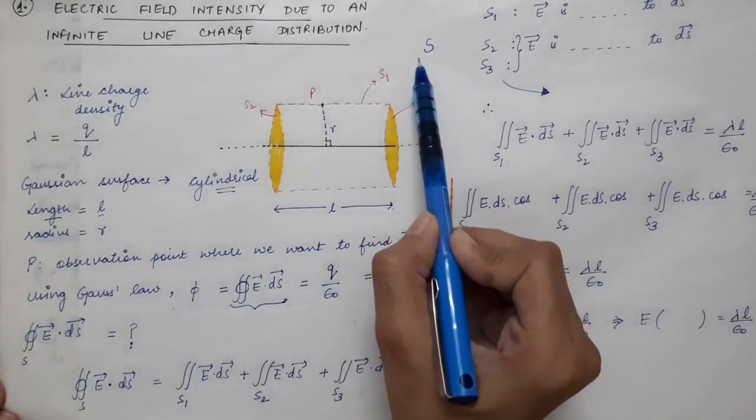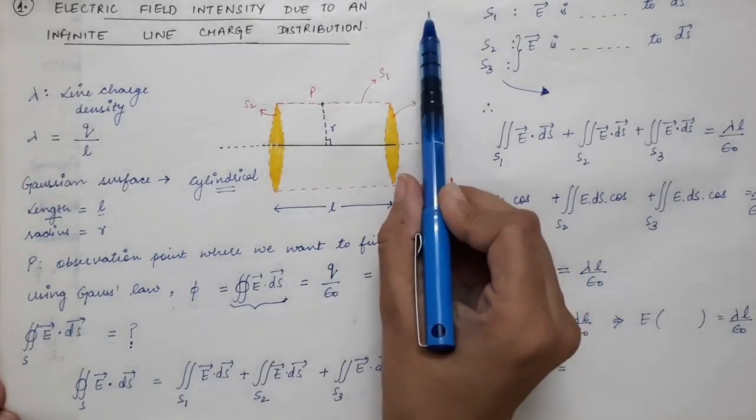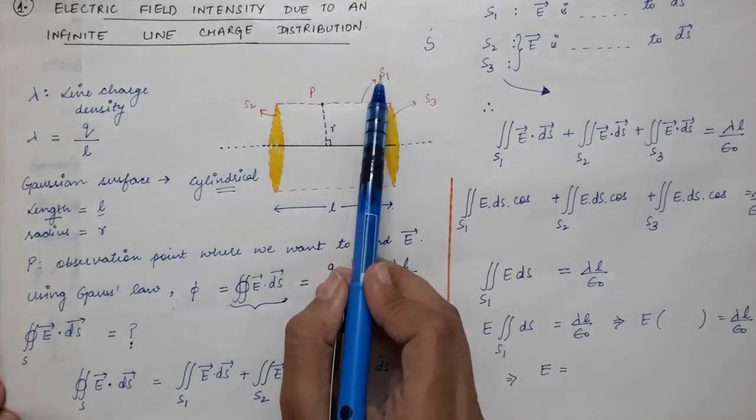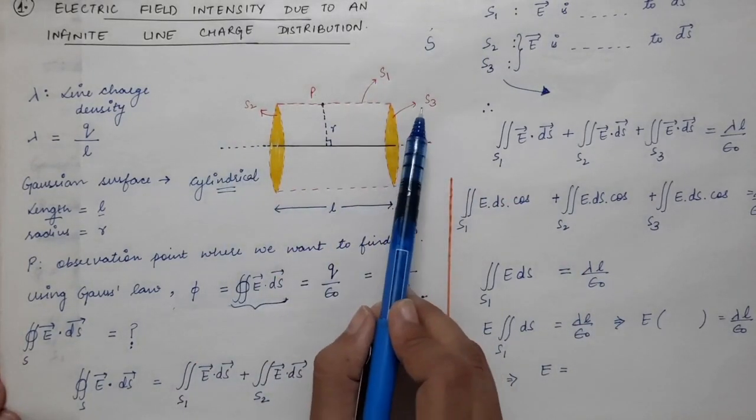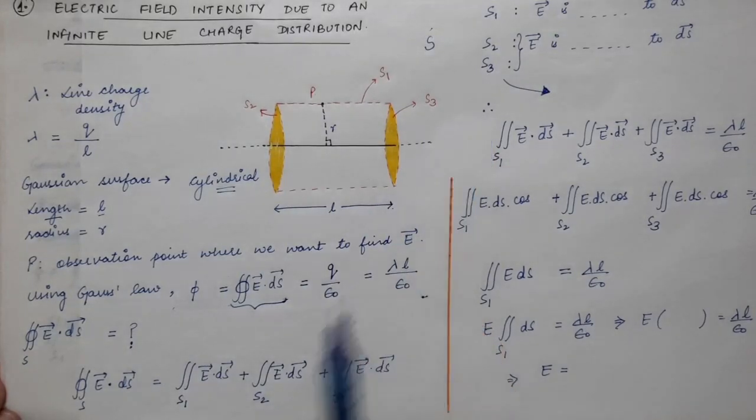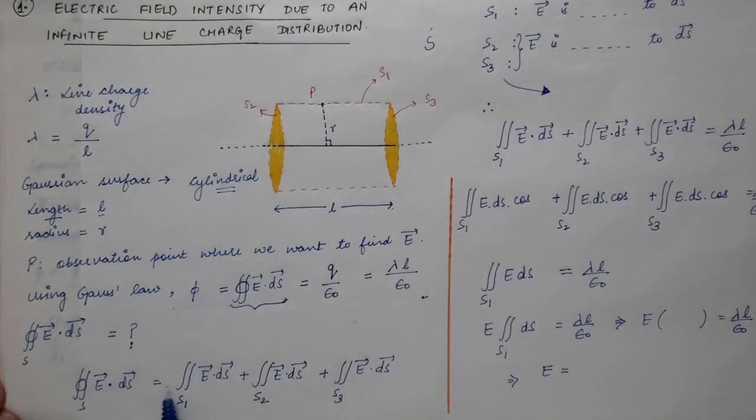Keep in mind, this capital S surface is a closed surface, whereas S1, S2 and S3 are open surfaces. So the closed surface integration over S can be divided into the open surface integral over S1 plus the open surface integral over S2 plus the open surface integral over S3.